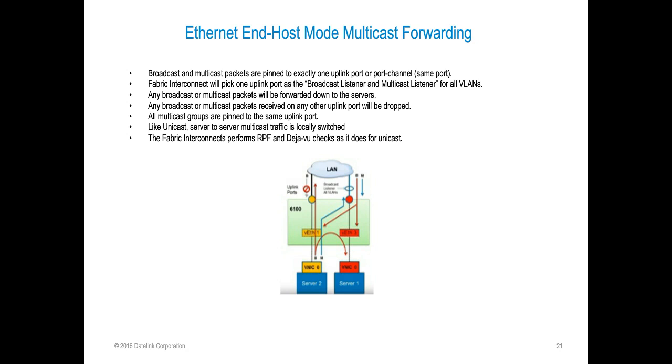And all your multicast groups are pinned to the same uplink port. And like unicast, server-to-server multicast is locally switched. The Fabric Interconnect performs the RPF and the deja vu checks as it does for unicast. So it's going to definitely use that source MAC address to determine where the source was, and if it knows that, okay, you're coming in the wrong port, I'm going to go ahead and discard these packets.